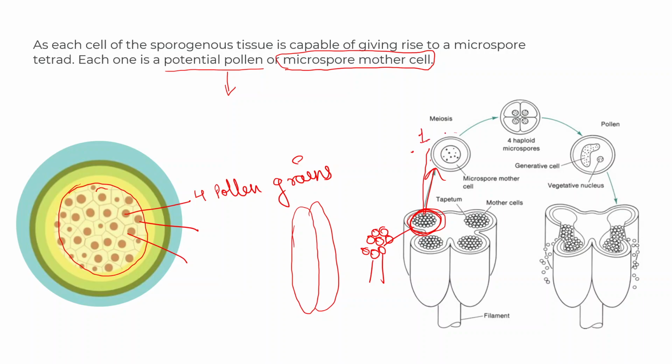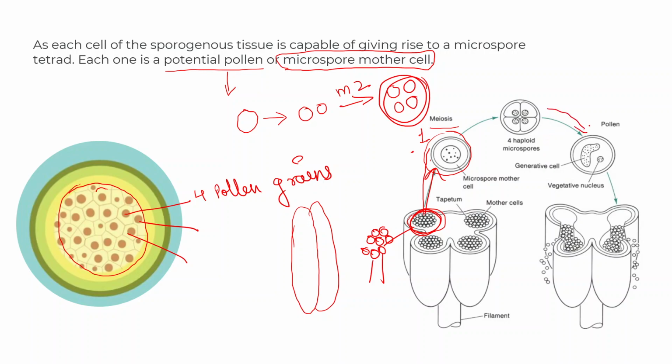This one cell is capable of undergoing meiosis. How does meiosis occur? One cell undergoes reductional division into two cells. Then meiosis two happens, and these two cells undergo reductional division again, and this is how four haploid microspores develop.